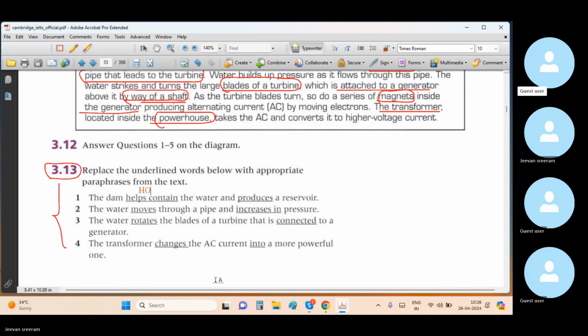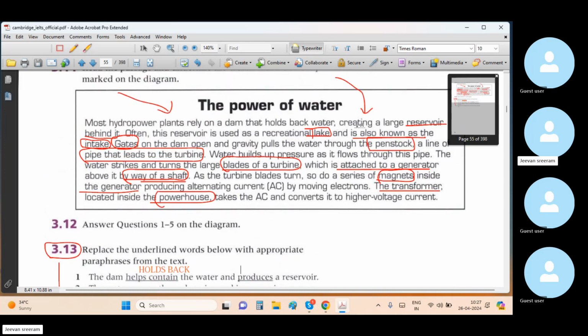Yes. So instead of holds back, the test maker comes up with phrases like helps contain to create a question. Produces a reservoir. Creating large reservoir. Creating large. Right.